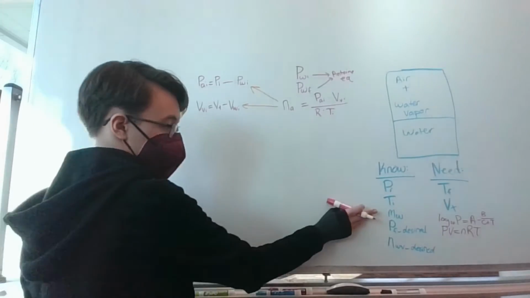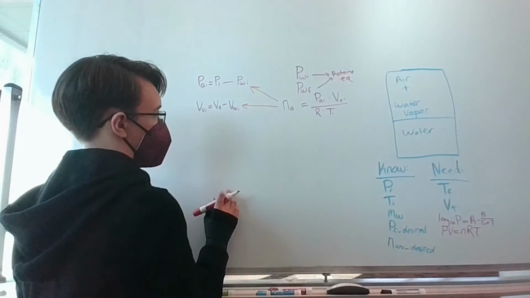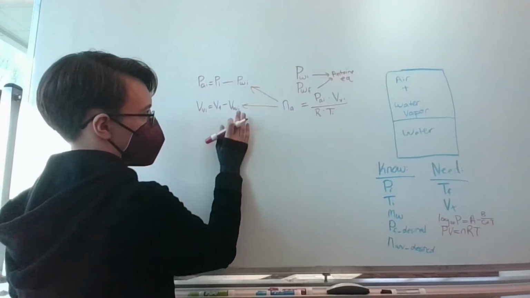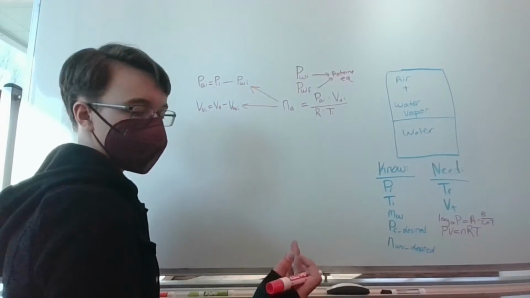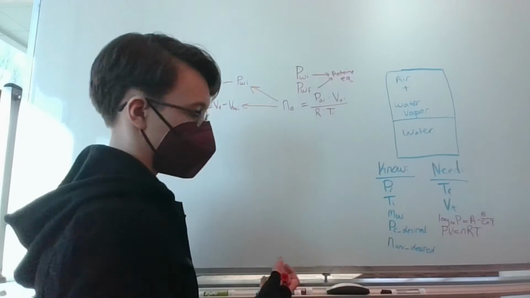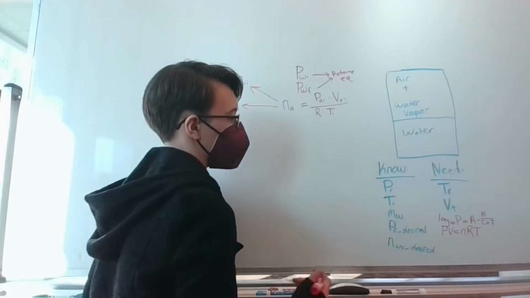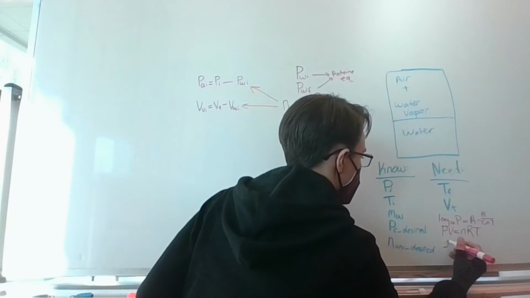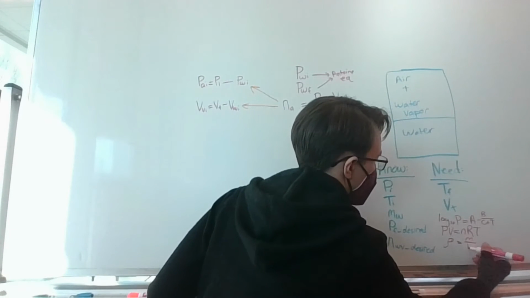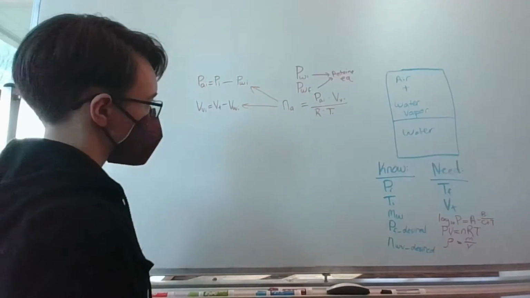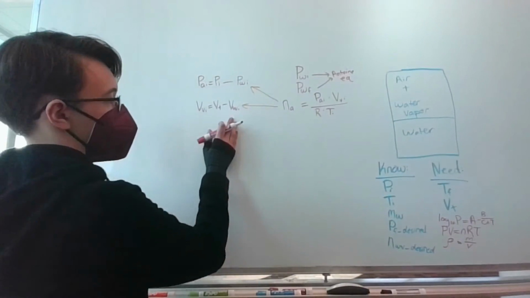Well, you'll notice that we have the mass of the water initially, and density is something that relates both volume and mass. Density is something that can pretty easily be found for common substances like water. So we're going to write down the general equation that density is equal to mass over volume. So we can use that here.